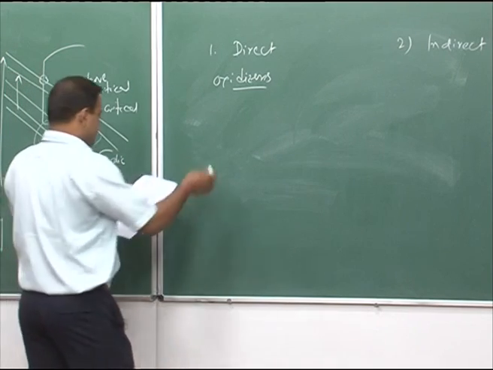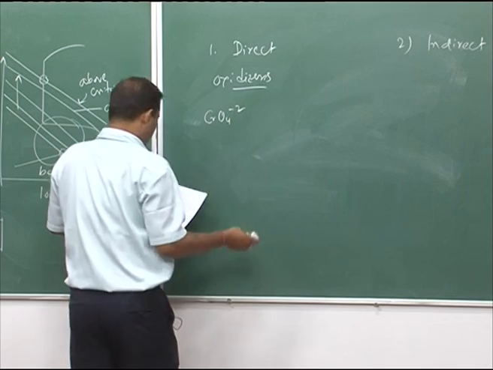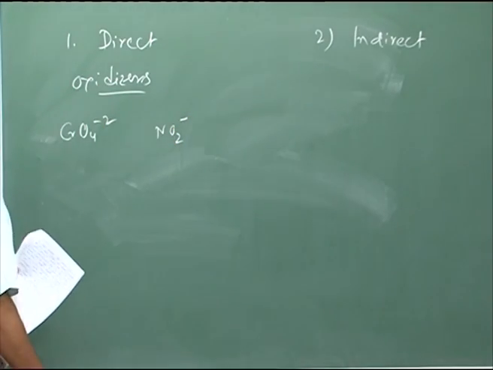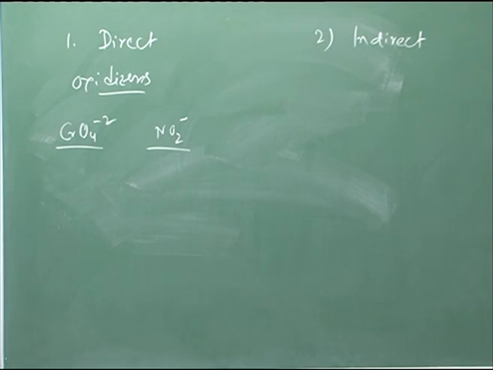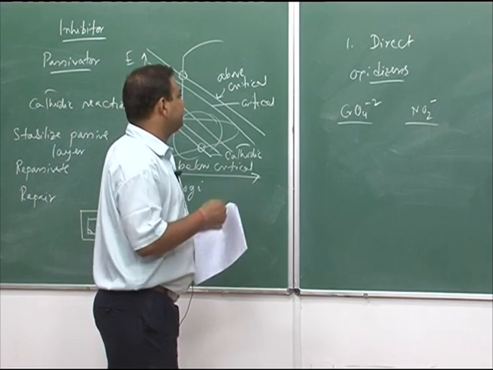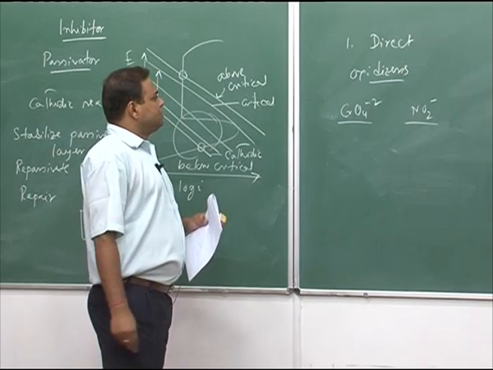For example, we can have chromate, or we can have nitrites. So, these are basically the oxidizers, and they can combine with passive film and make the passive film very much adherent as well as impervious.